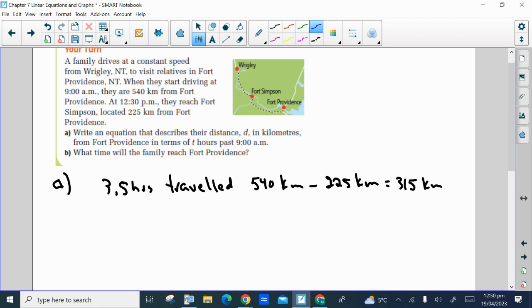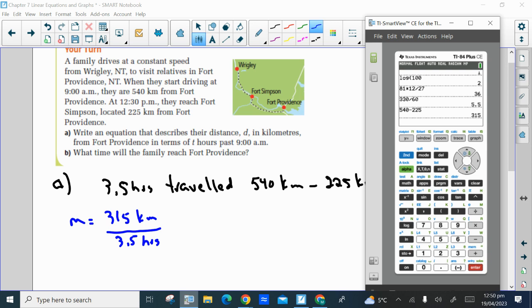So to find our slope m, our rate of change, it'll be the speed in kilometers per hour. They went 315 kilometers in 3.5 hours.